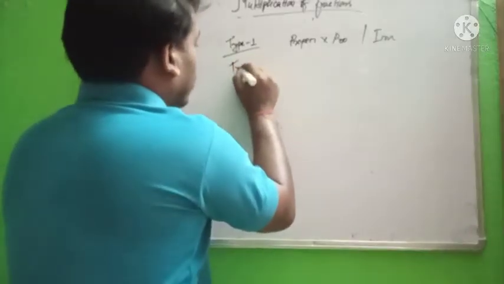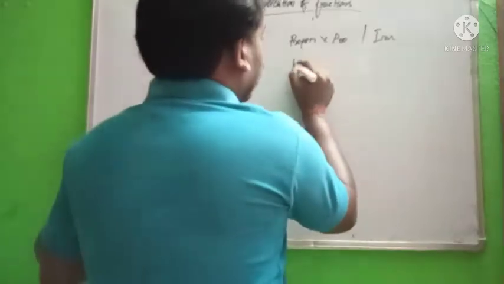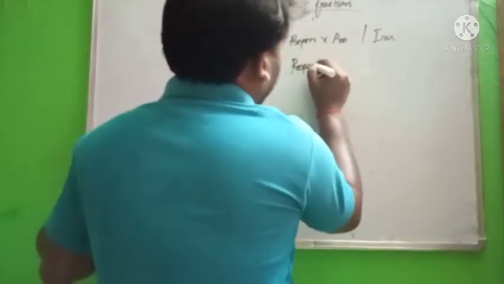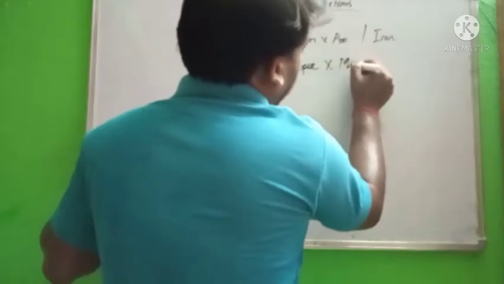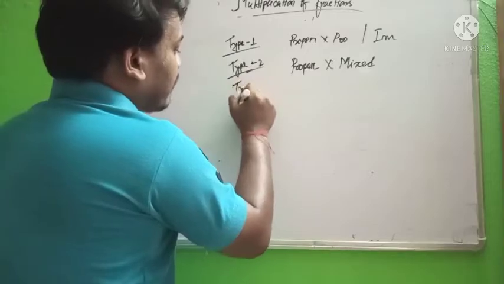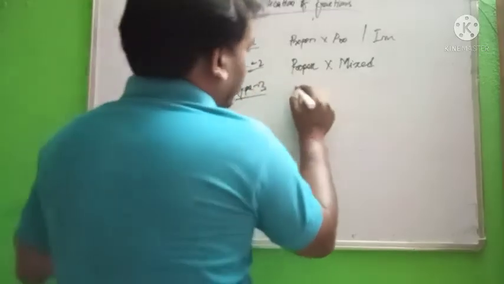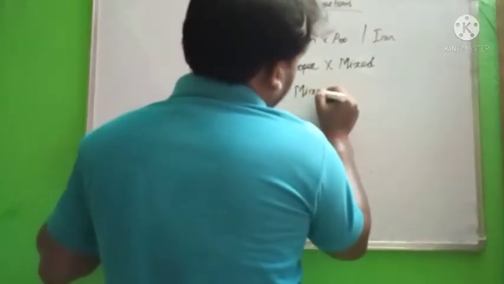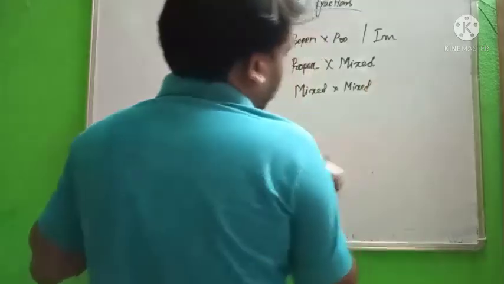Type 2: when one fraction is proper or improper, and the other is a mixed fraction. Type 3: when both fractions are mixed fractions, mixed fraction into mixed fraction.